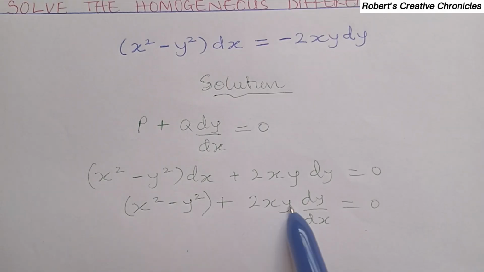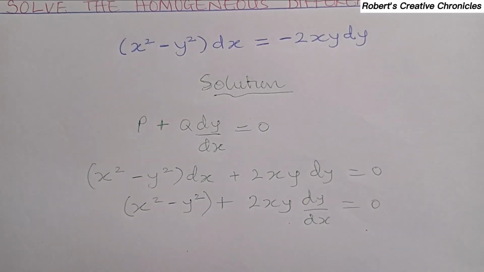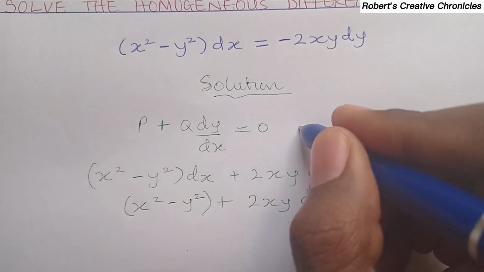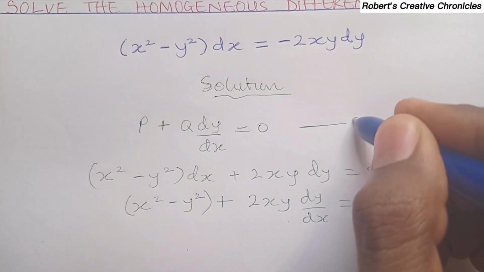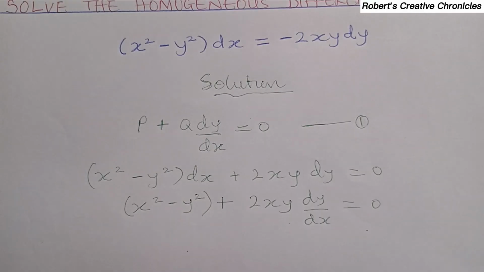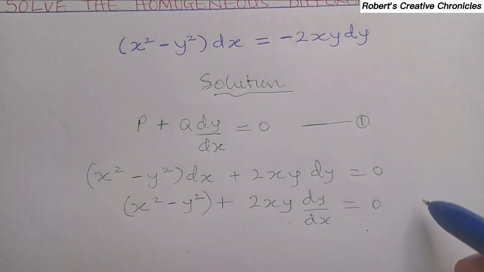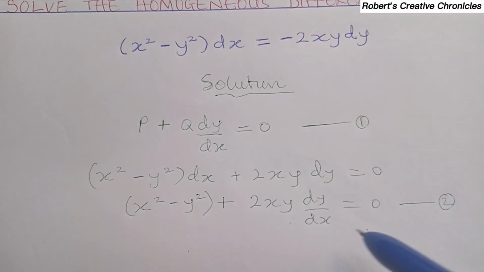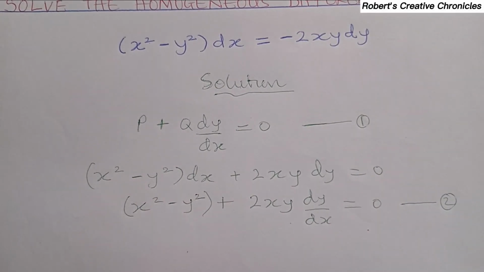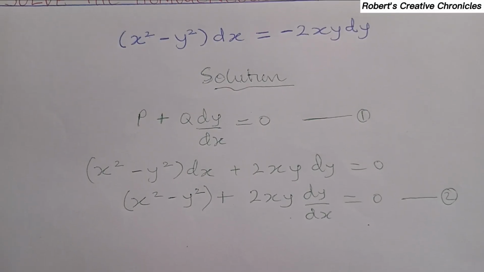So now this equation resembles this equation. So this one will be our equation 1. Then this one will be our equation 2. So 1 and 2 are identical. So now let's proceed.